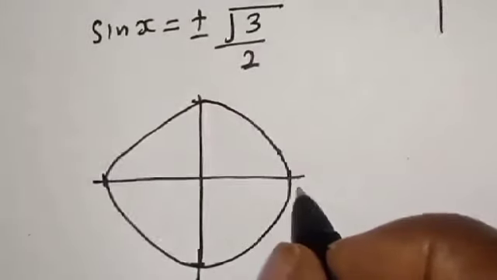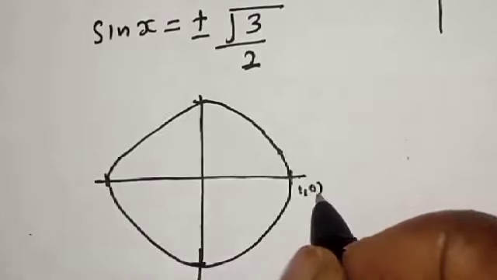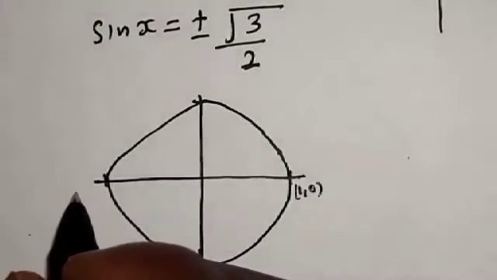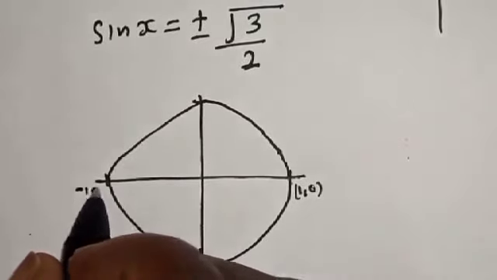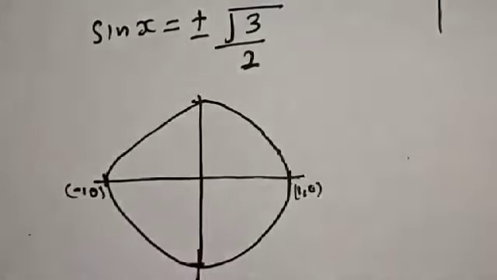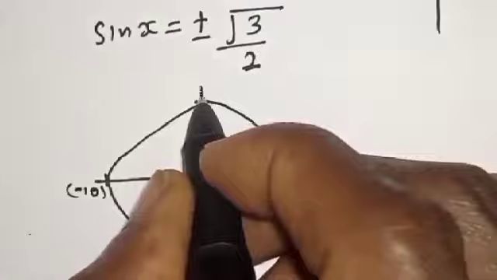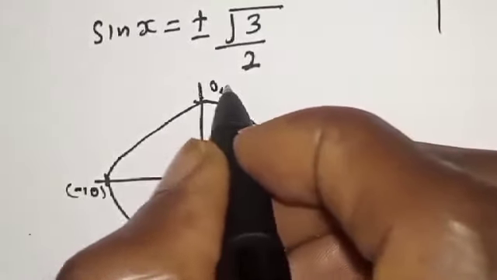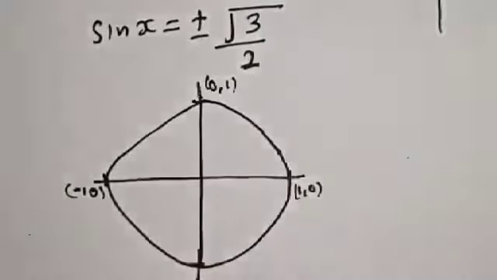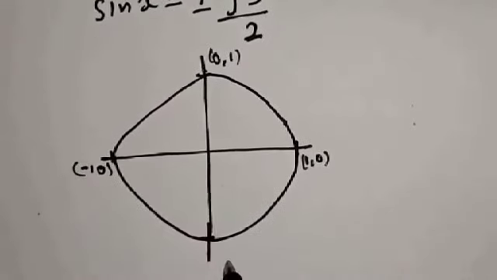So here is 1, 0, and here is minus 1, 0. Then here is 0, 1, and here is 0, minus 1.